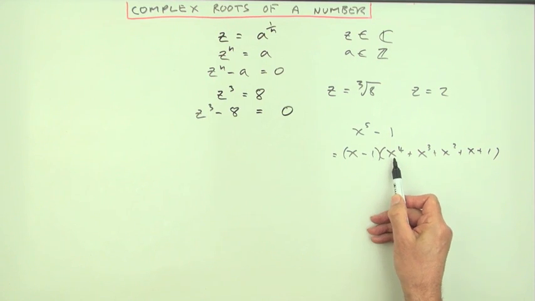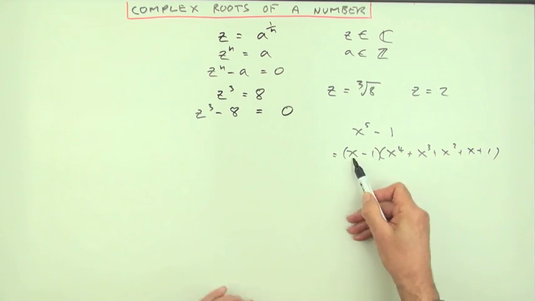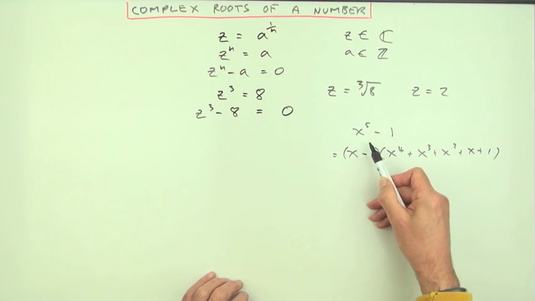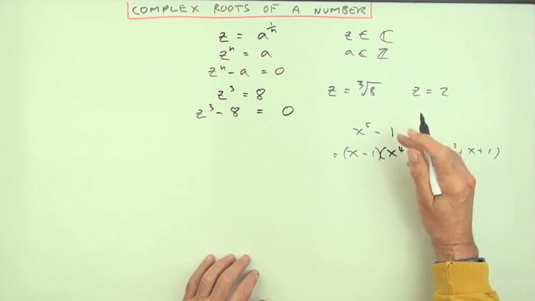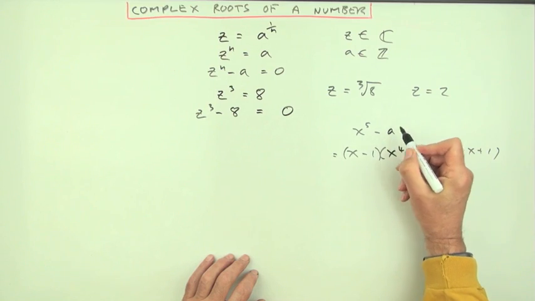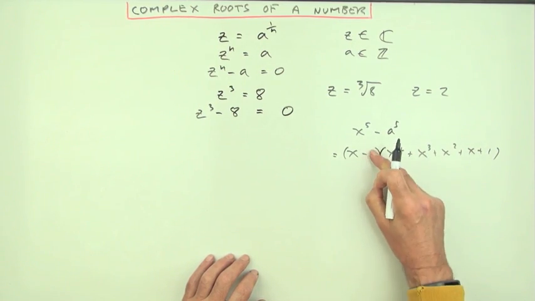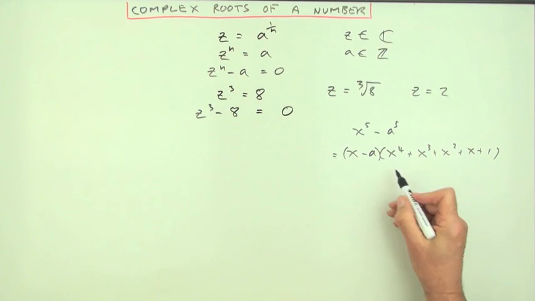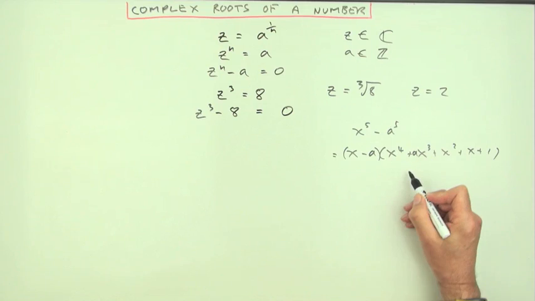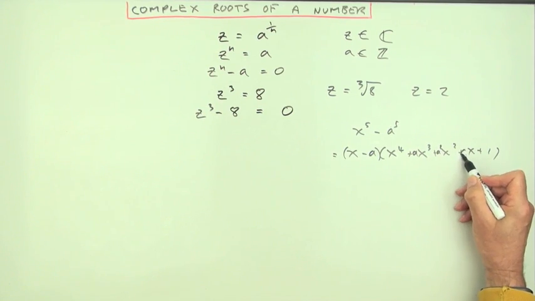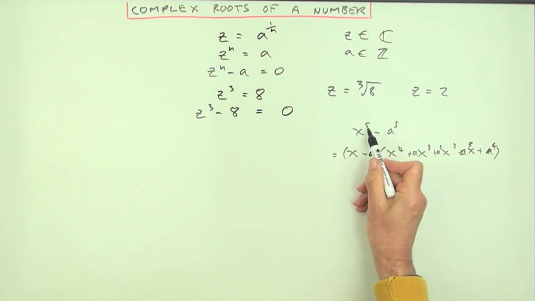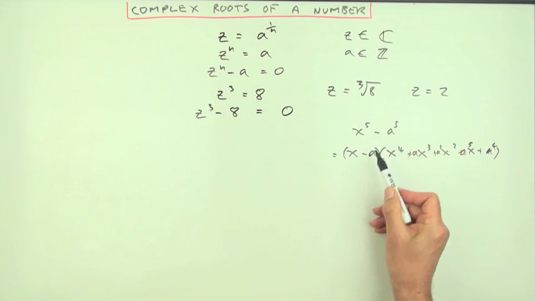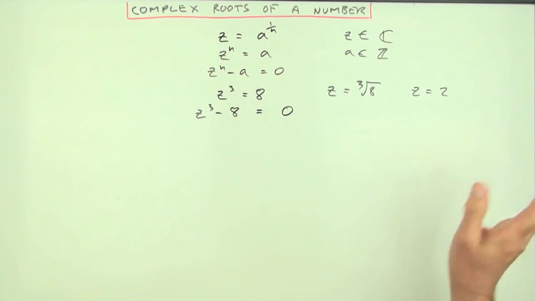Simply because the minus 1 will knock off all the powers that x was producing apart from the very first one, and of course the very last one. And that applies to any number to the power 5. That would be a, but then that a would start to appear just to balance the powers. A squared, a cubed, and finally a to the 4. Now, of course, that applies to any of these powers. Any odd power follows that pattern.